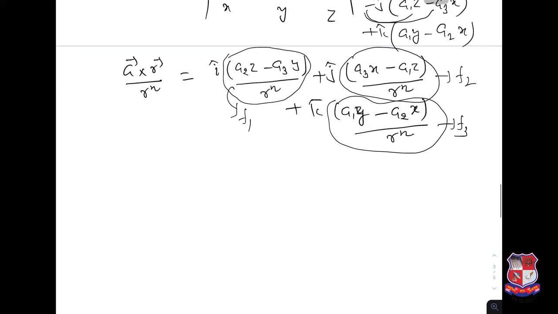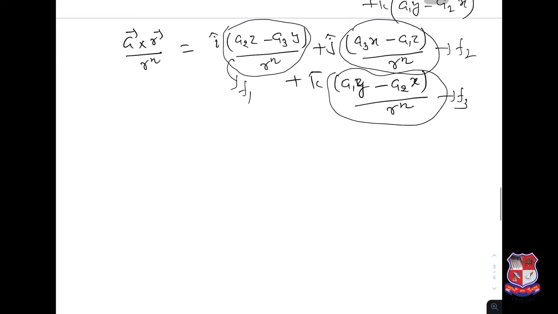We need del R by del X also, because we know in R, x, y and z are lying inside. R bar is xi plus yj plus zk, then R square is x square plus y square plus z square.